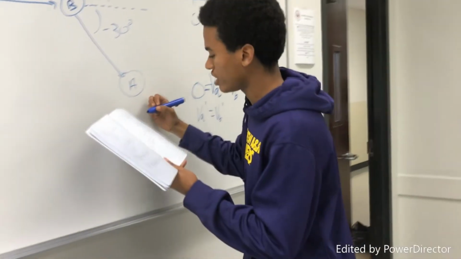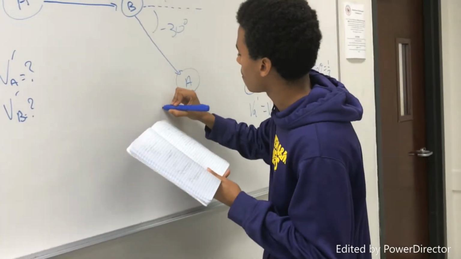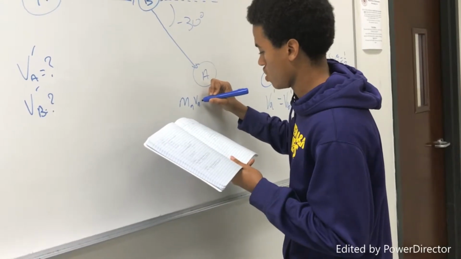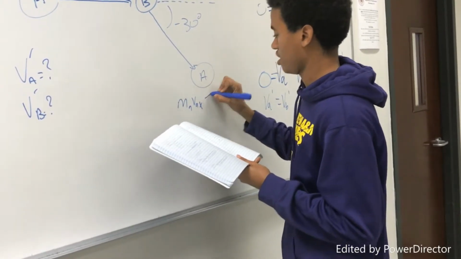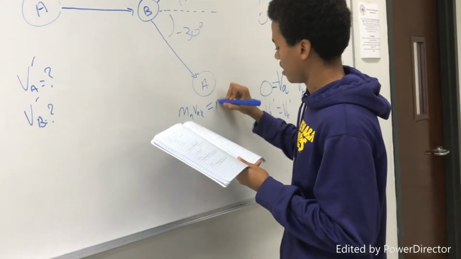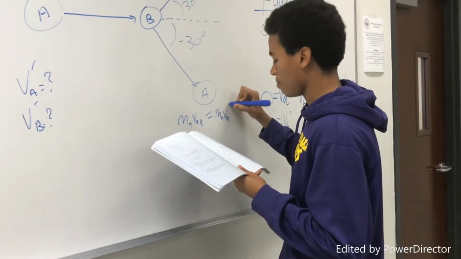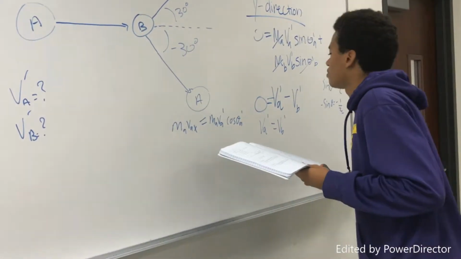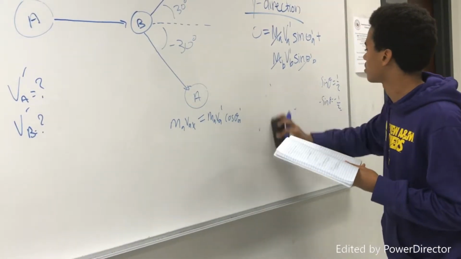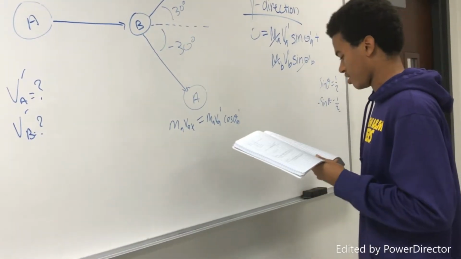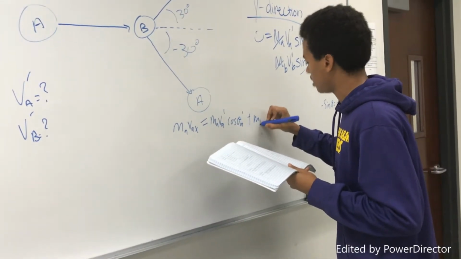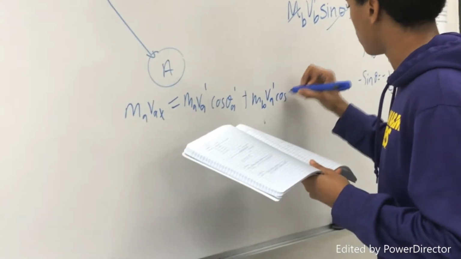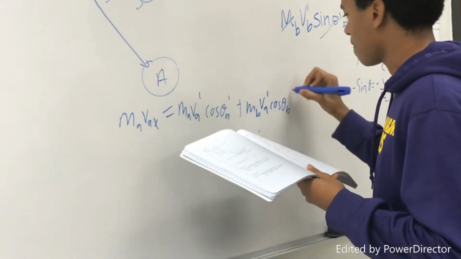So we have the equation of MA VAX equals MA VA prime cosine theta A prime plus mass B VB prime cosine theta B prime.